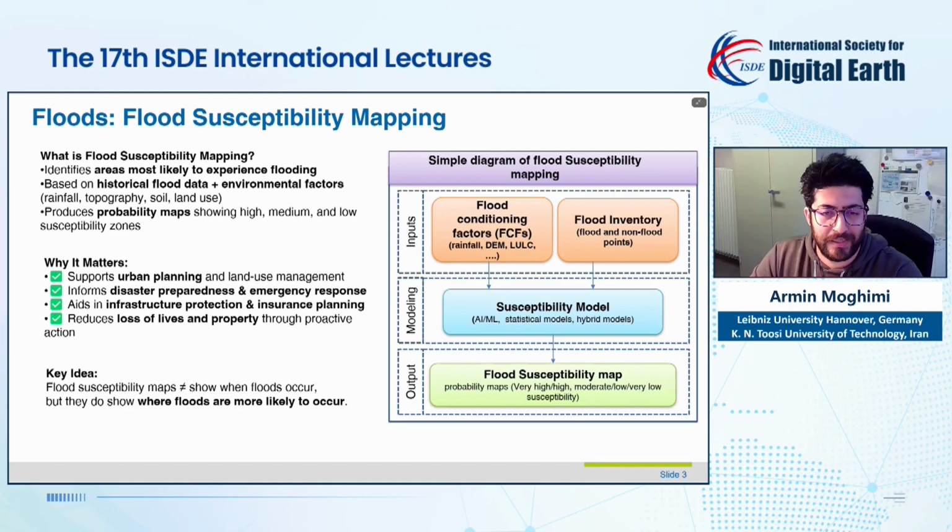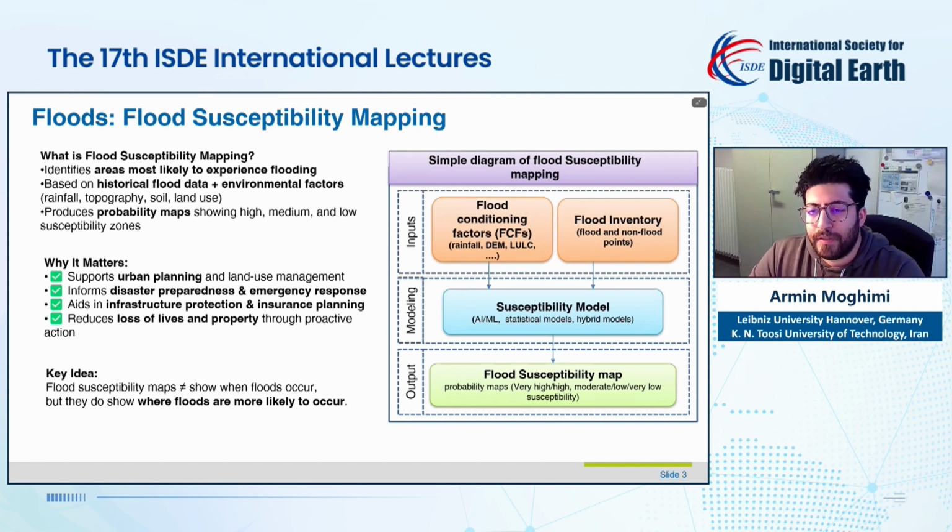As shown in the workflow diagram, susceptibility mapping typically requires two main inputs. First, flood conditioning factors such as rainfall, slope, dam, land use, land cover, soil properties, and so on. And second, a flood inventory map that provides ground truths of flooded and non-flooded points that can be used for the modeling step, which can be based on AI, machine learning, hybrid approaches, or statistical methods.